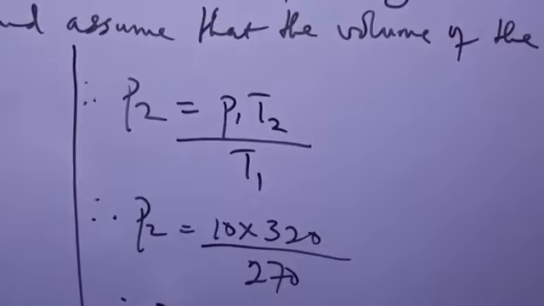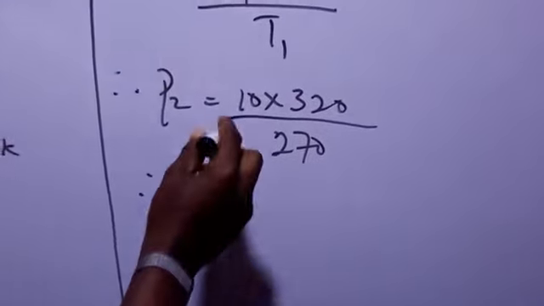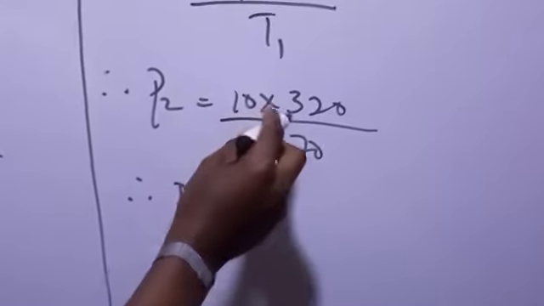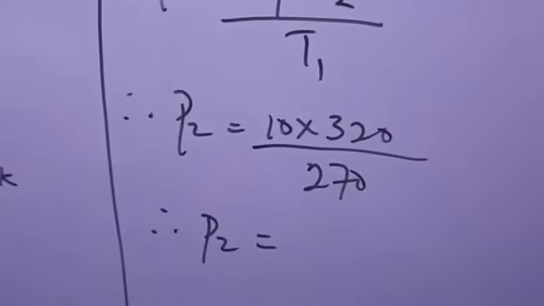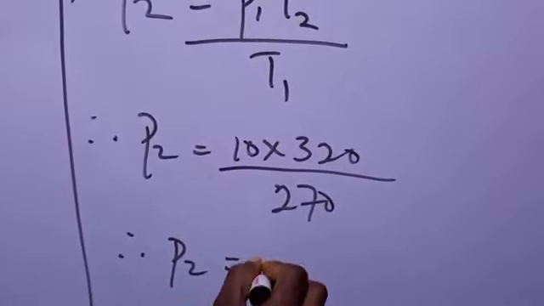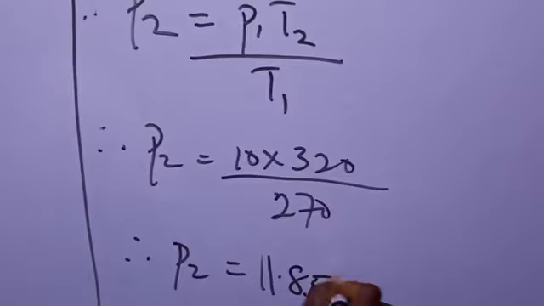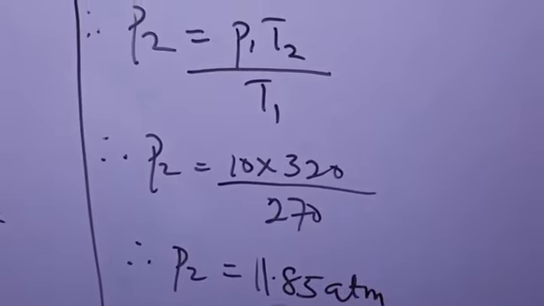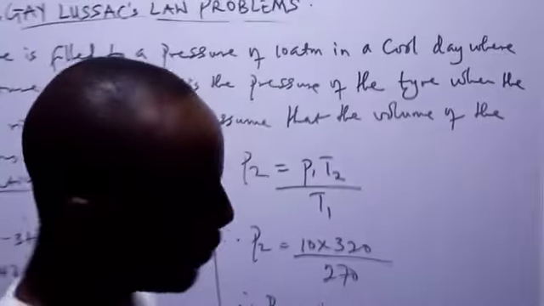Like I always do, if you multiply 10 by 320 and divide by 270, you will have P2 to be 11.858 atm. As simple as this.